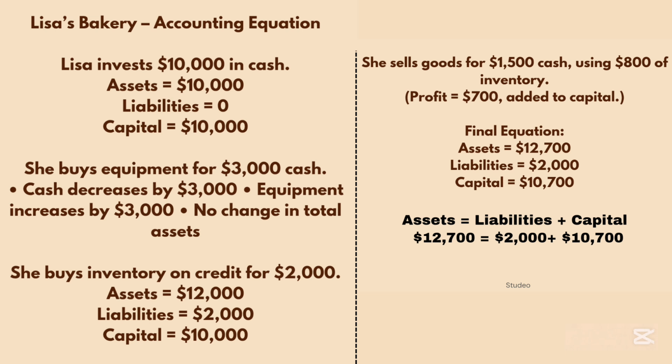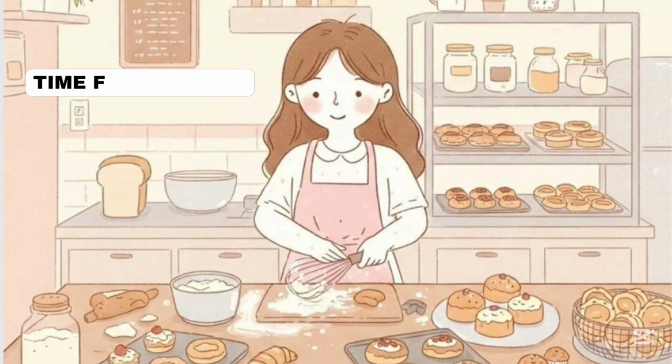This is a summary of the bakery example we just did. Feel free to pause the video and review what we covered. Now, let's do some practice questions. What I would like you to do is pause the video and attempt these questions. Then, we can go through each one of them together, one at a time.